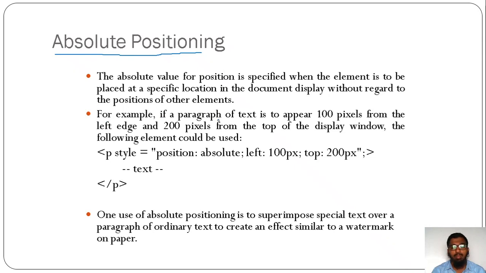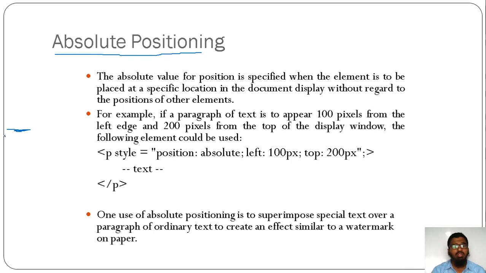For example, if a paragraph of text is to appear 100 pixels from the left edge and 200 pixels from the top of the display window, the following could be used: position absolute, left 100px, top 200px.